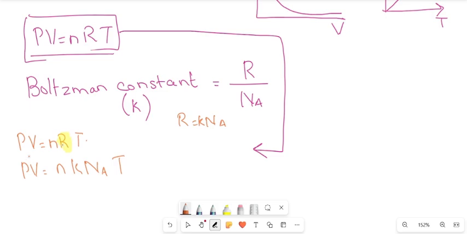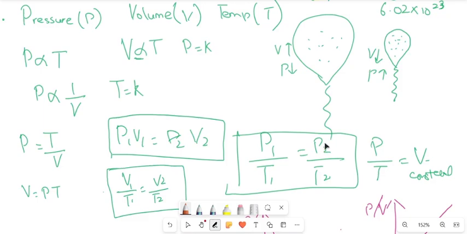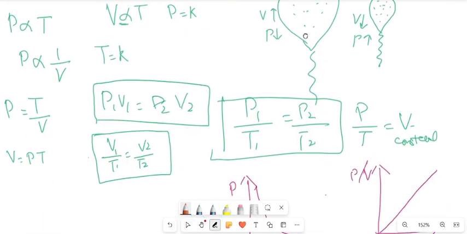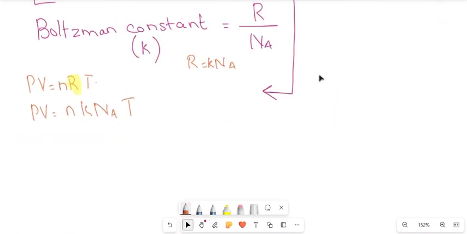So I have R equals kNa, and I replace it. Now does this n and Na ring any bell? If we go back, n times Na equals capital N, the number of atoms, particles, or molecules, which equals number of moles times Avogadro constant.